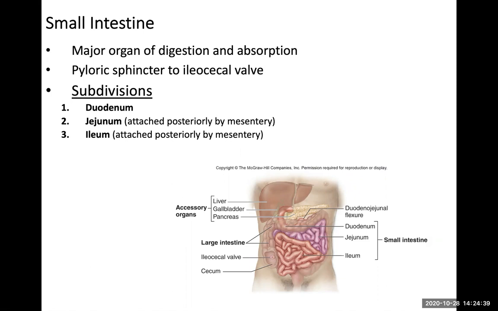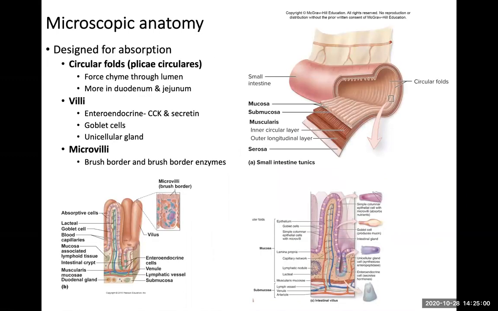And then the ileum is the last portion of the small intestine, characterized by the presence of Peyer's patches, which are diffuse lymphatic tissue that plays an important role in alerting the immune system if there are pathogens present in the small intestinal contents.